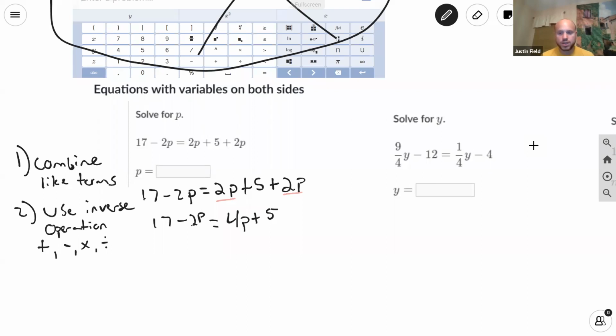So an inverse operation is the opposite operation. And it's because it undoes. So if you add and then you subtract, you're undoing, right? So we want to use inverse operations to isolate the variable.